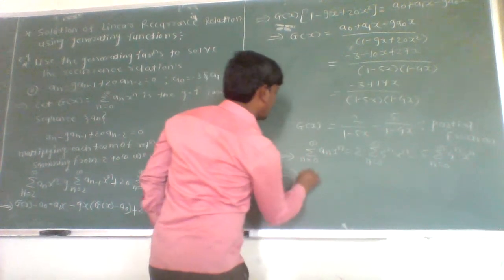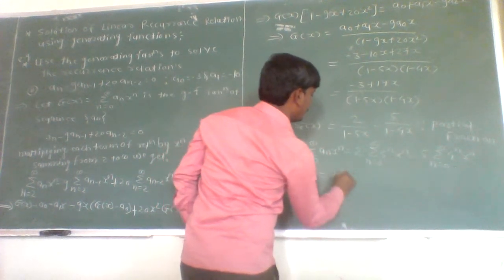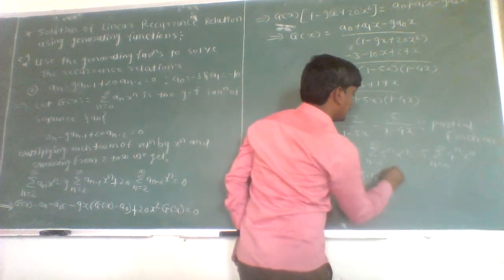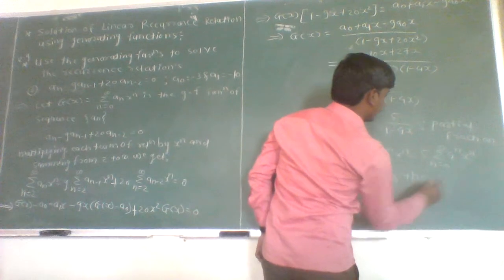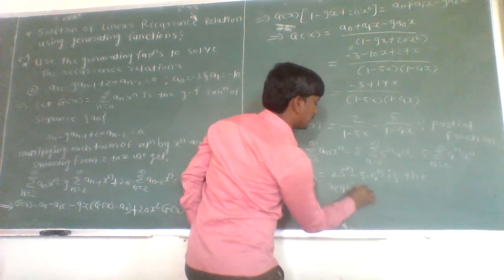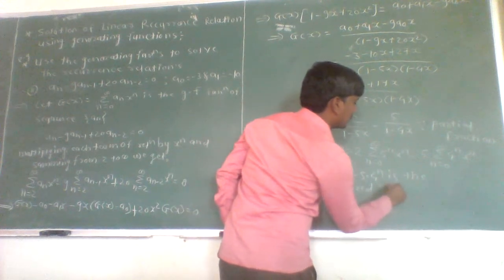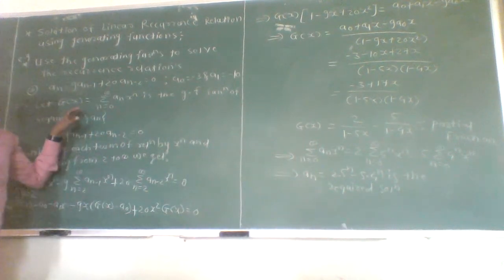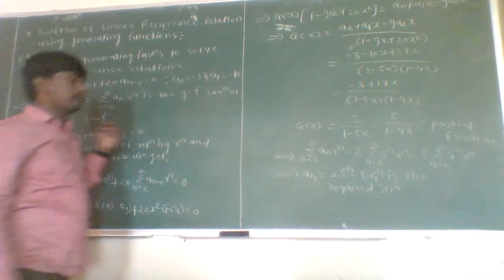This implies a n equal to 2 into 5 raised to n minus of 5 into 4 raised to n is the required solution. In this way, we can solve any problem of this type by using the generating functions.